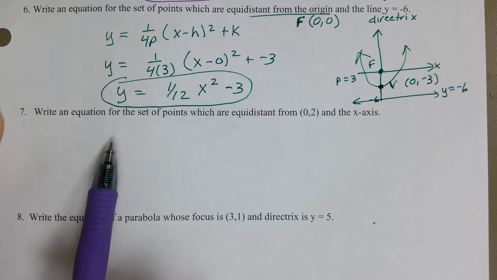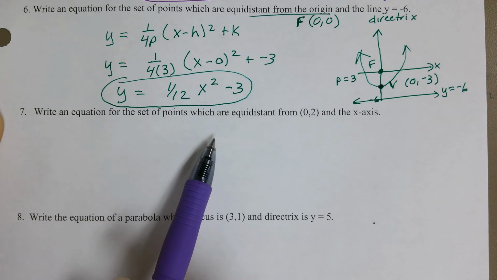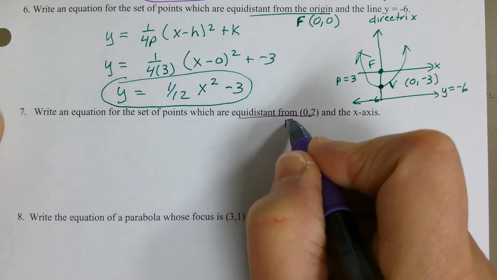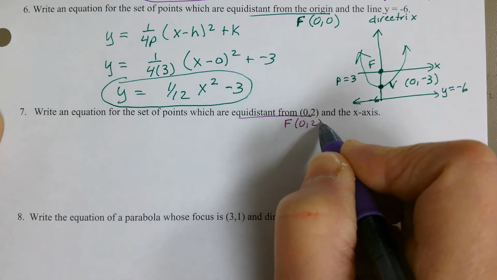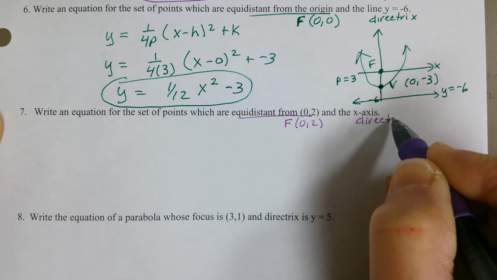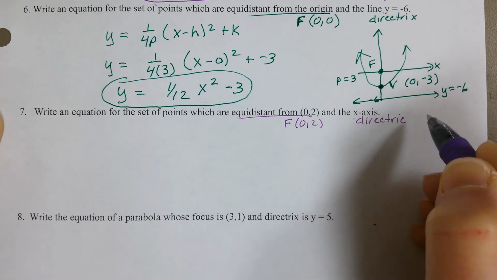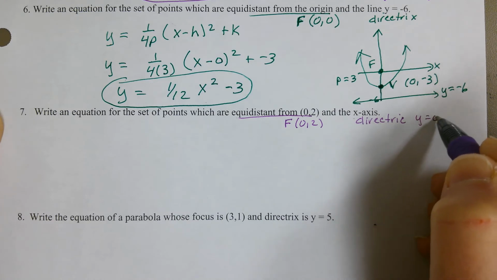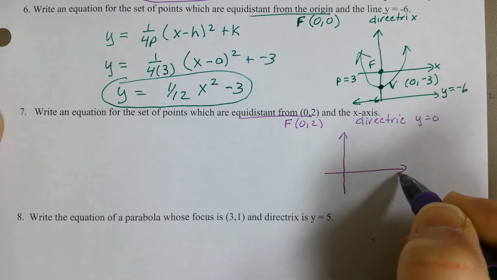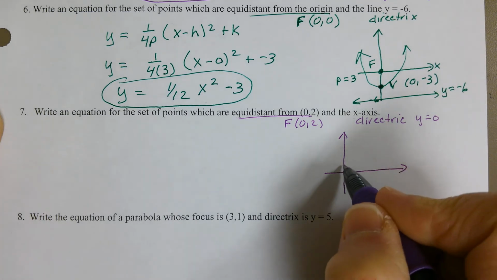Number 7, write an equation for the set of points which are equidistant from 0, 2 and the x-axis. Equidistant from 0, 2, this is the focus, and the x-axis is the directrix. The equation of the x-axis, not that we need it, but it is y equals 0. Focus 0, 2.